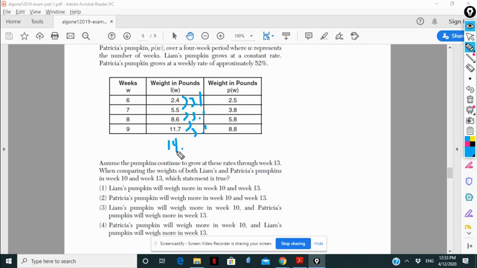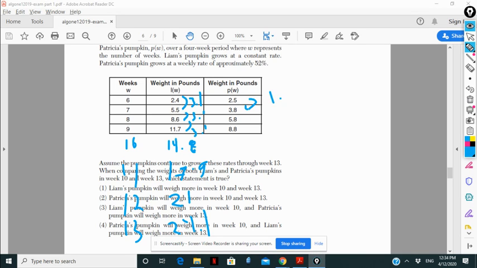So 14.8 is week 10, then 11, 3.1 is 17.9, 3.1 is going to be 21, in week 13, 3.1, 24.1. Now, if you're looking here, it's increasing by 52%.